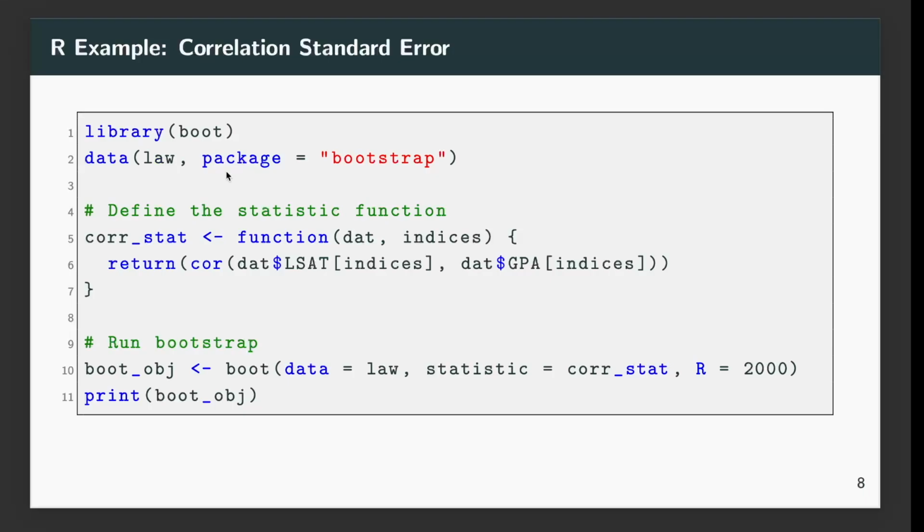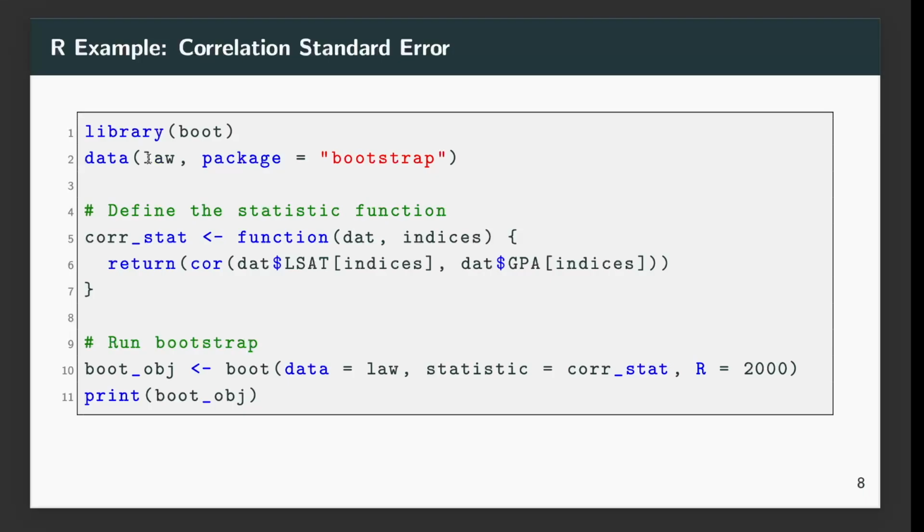Then we are going to use the law data, which is from the bootstrap package. Try to run this R code. This data set contains the LSAT scores and the undergrad GPAs, with observations of 15 law schools. So it is a very small data set.